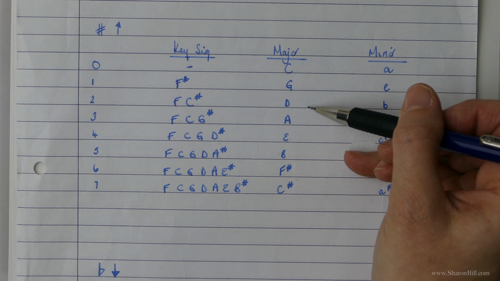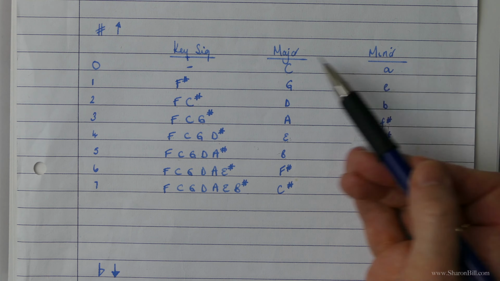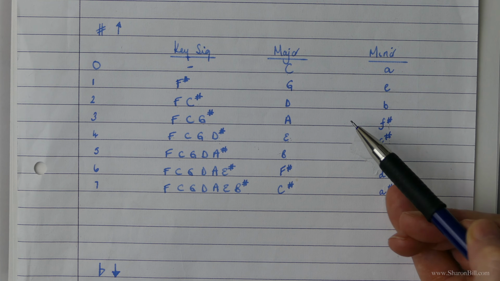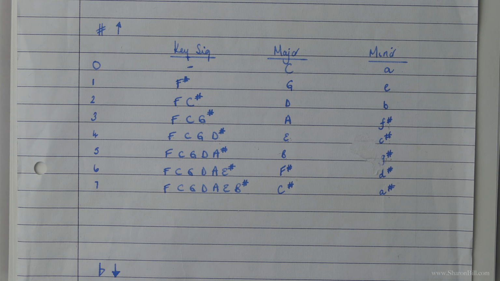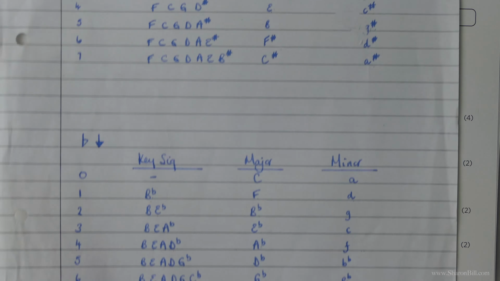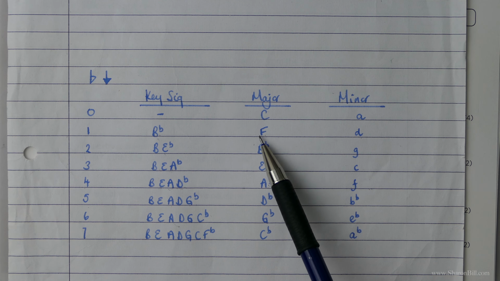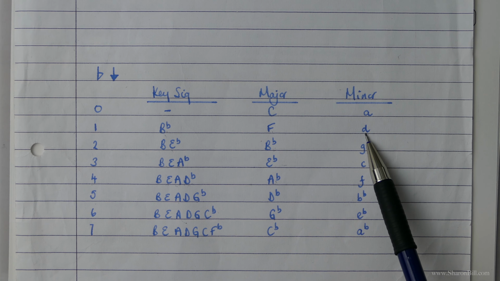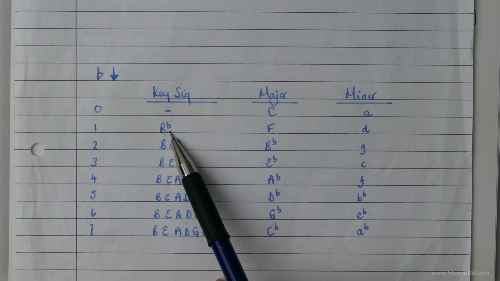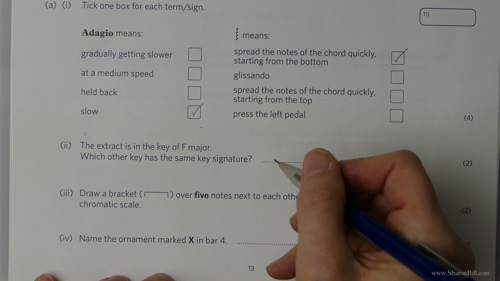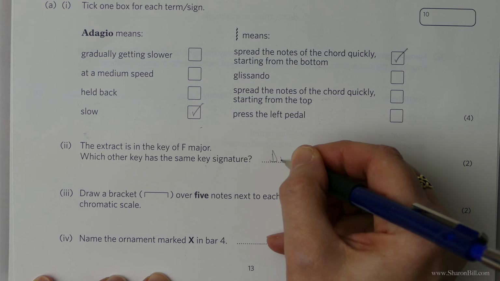And also I've put a link in the cards in the description. And that means all your thinking's done in one easy swoop, and then it's much less stressful. And you can see here that F major is related to D minor with a key signature of B flats. So that's soon answered, D minor.